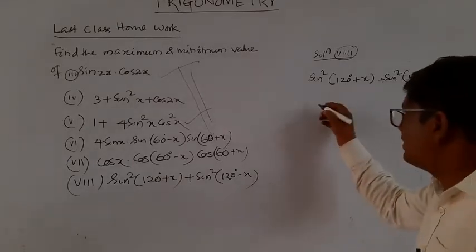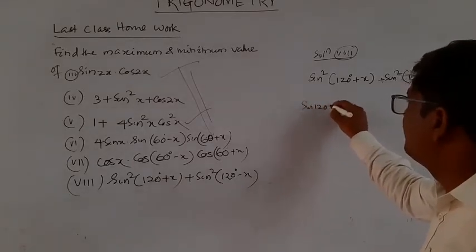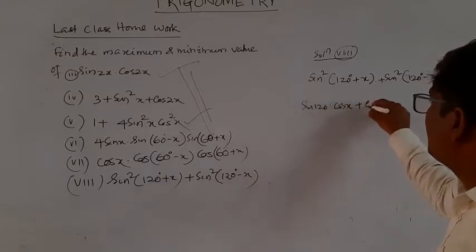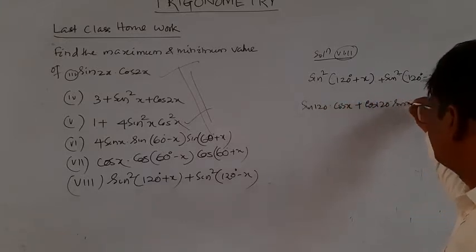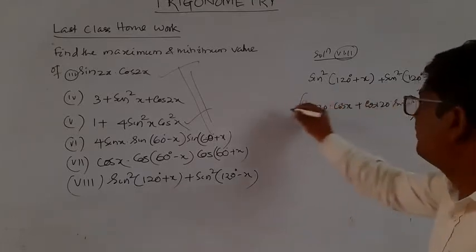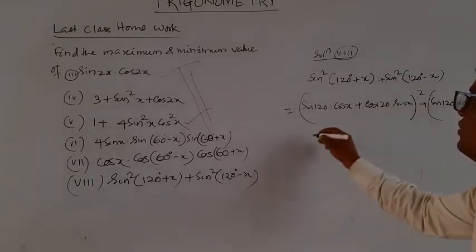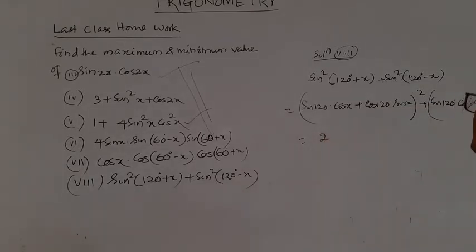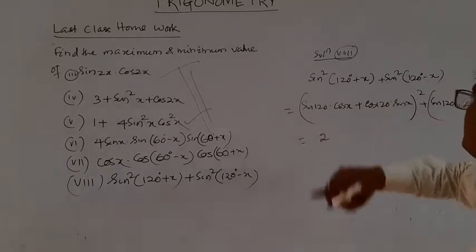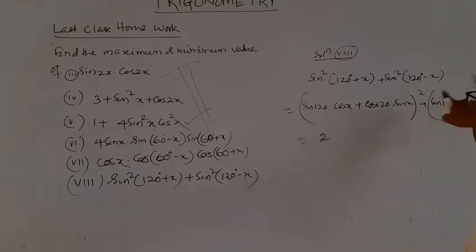This is sin a plus b, that is (sin 120 cos x plus cos 120 sin x) whole square, plus (sin 120 cos x minus cos 120 sin x) whole square. This is (a plus b) whole square plus (a minus b) whole square, that is equal to 2 into (a square plus b square). Clear?